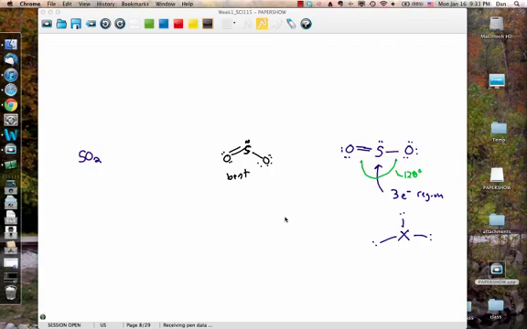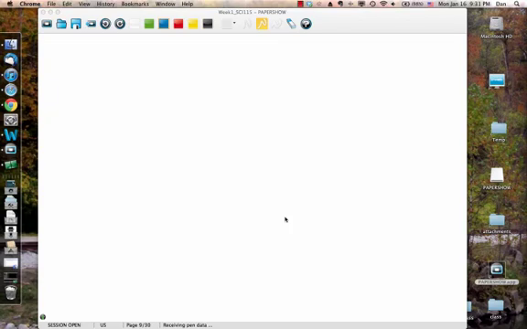Now, it works for even more complex structures as well, such as SF4. So now's a good time to hit pause and try to discuss the geometry of the SF4 molecule.